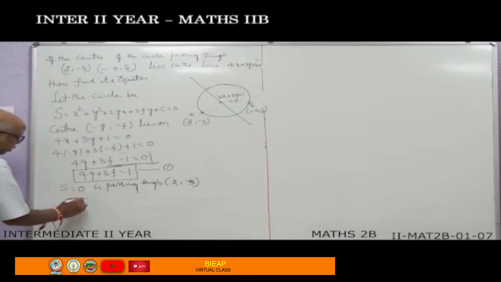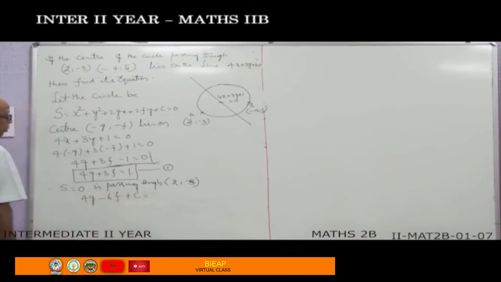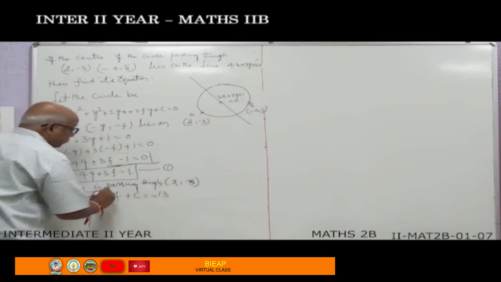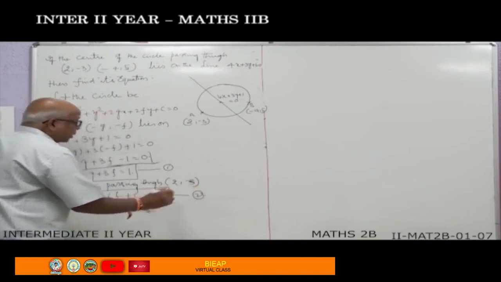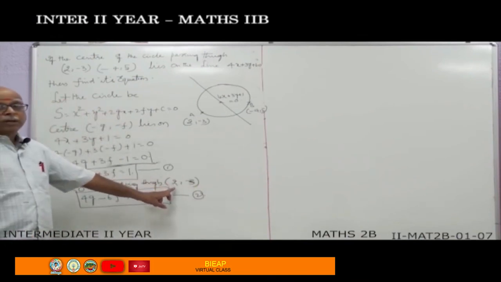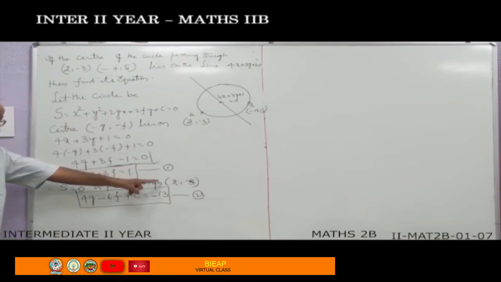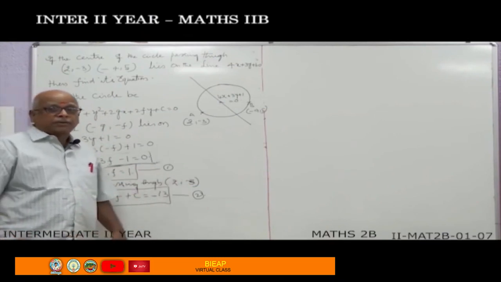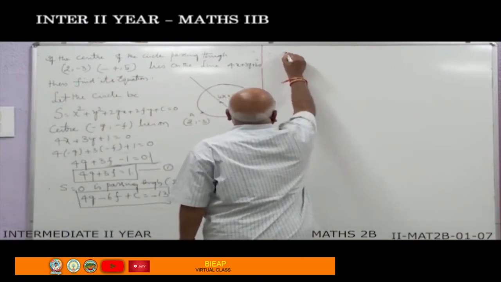We will get 4g minus 6f plus c equal to minus 13. This is the second equation. I just substituted x equal to 2, y equal to minus 3 in the assumed equation: 4g minus 6f plus c equal to minus 13.